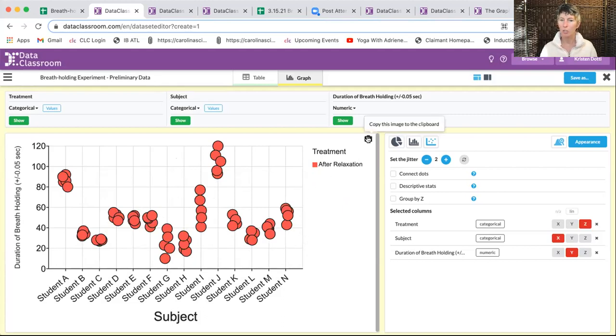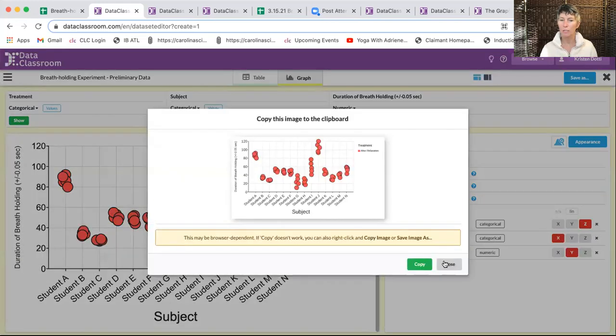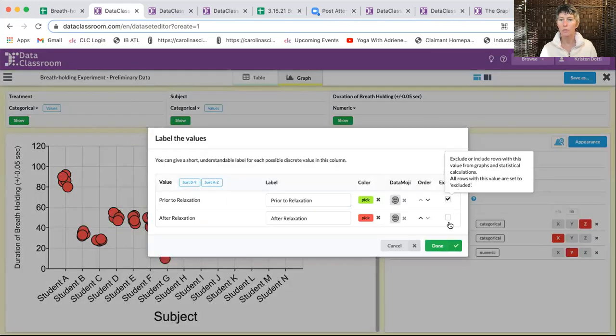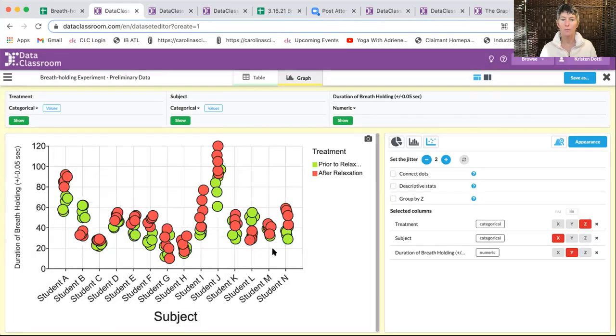So I could either take a picture of this graph, just copy it. It's going to go to my clipboard and I can stick it into a slide or into a document. But I still want to show the difference between them. So I'm going to actually go back and include both in the same graph.